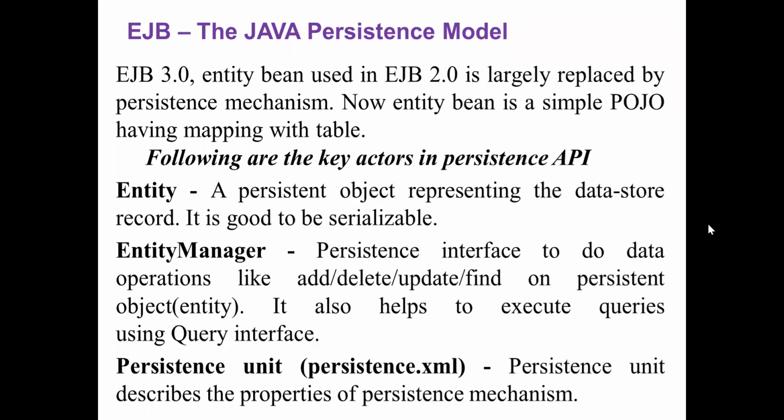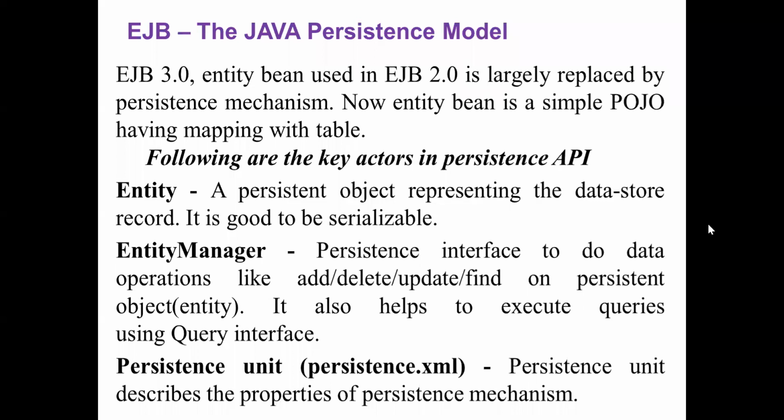In the later EJB version 3.0, the entity bean used in EJB 2.0 is replaced by a persistency mechanism, because some of the properties and functions are available in the EJB 2.0 version.